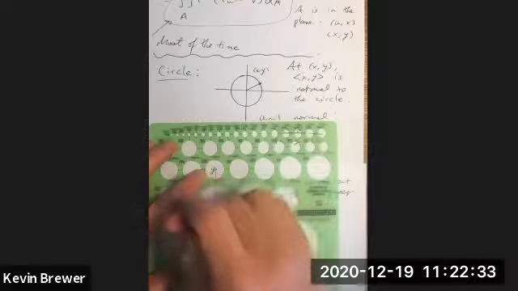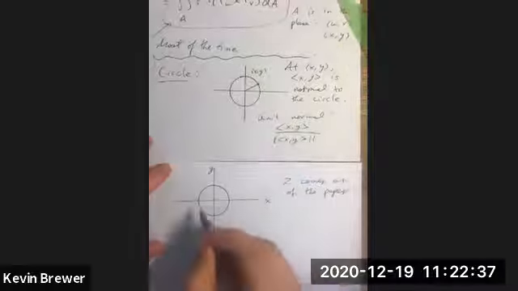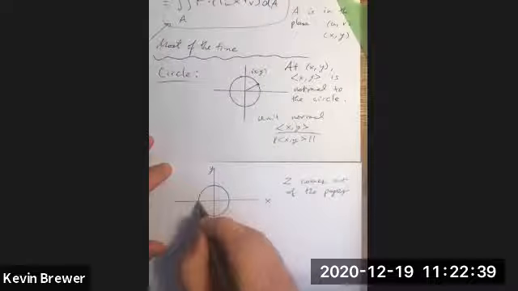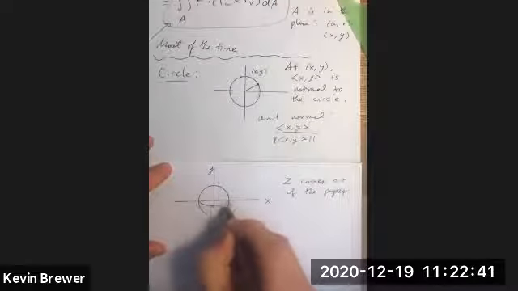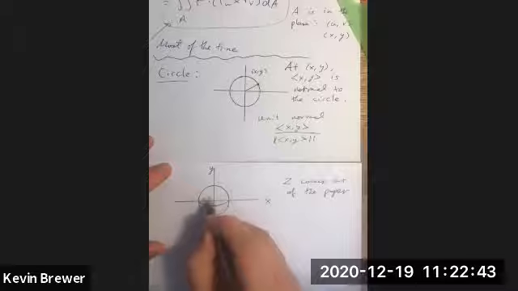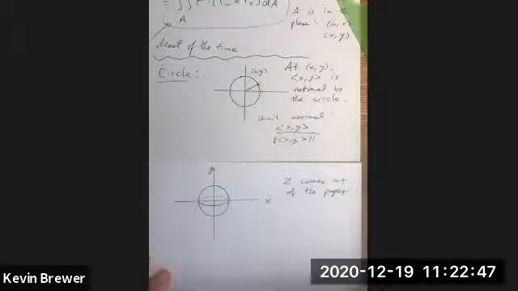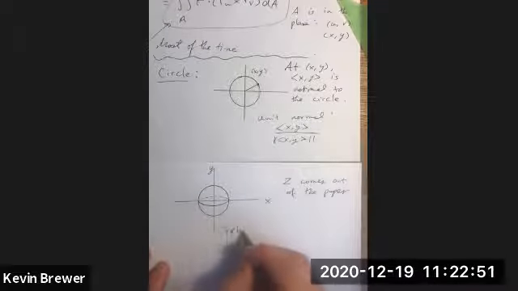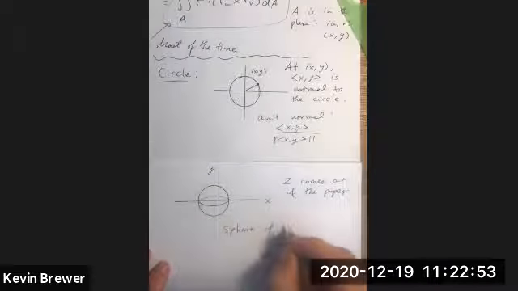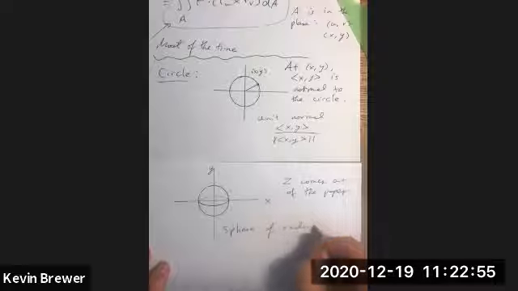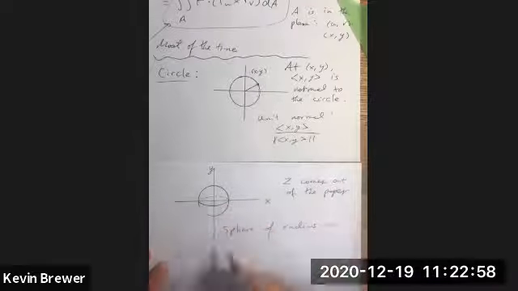Always looks wrong. So in other words, I just draw a circle. So let's say this is a sphere of radius a, of course, centered at the origin.